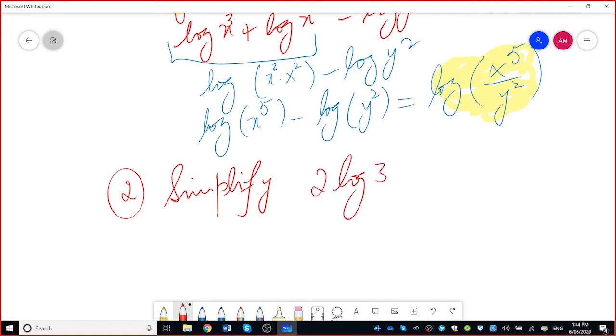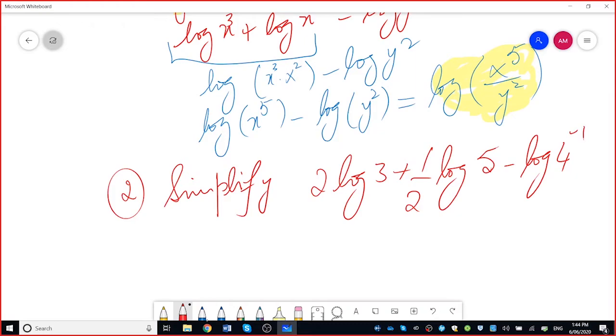This also has 3 marks. 2 log of 3 plus 1 over 2 log of 5 minus log of 4 to the power of minus 1. And naturally, it's all to the base 10. Okay, I'll give it a try.